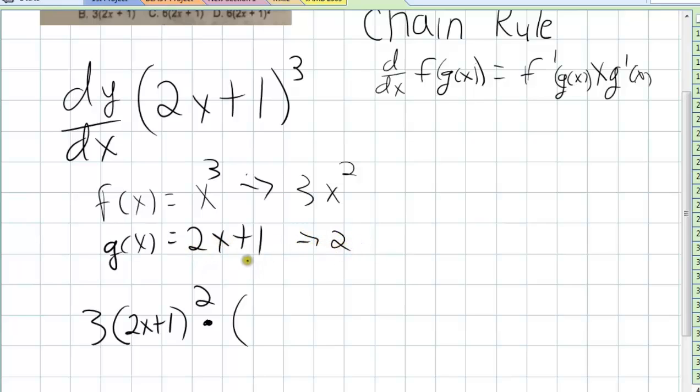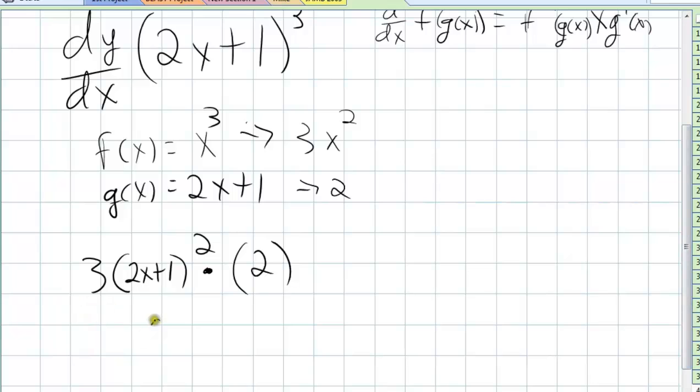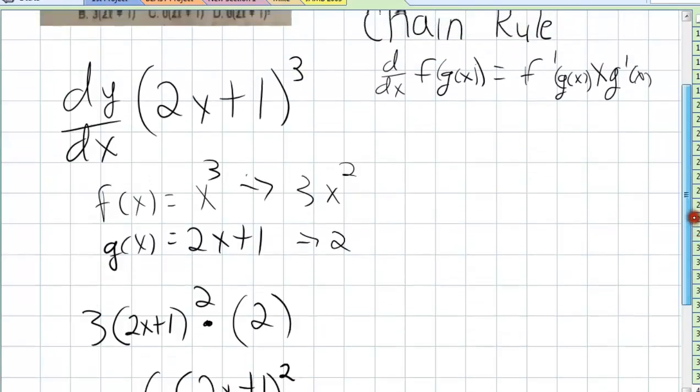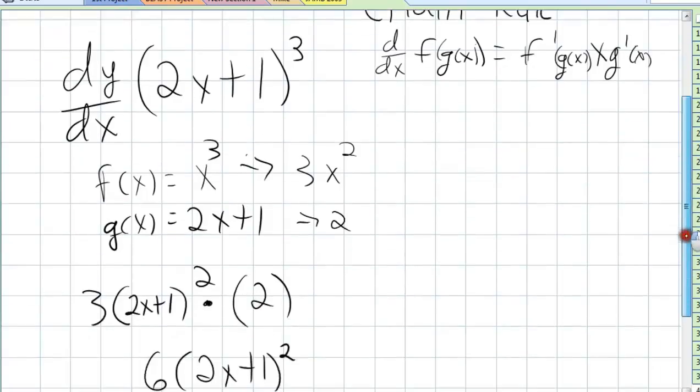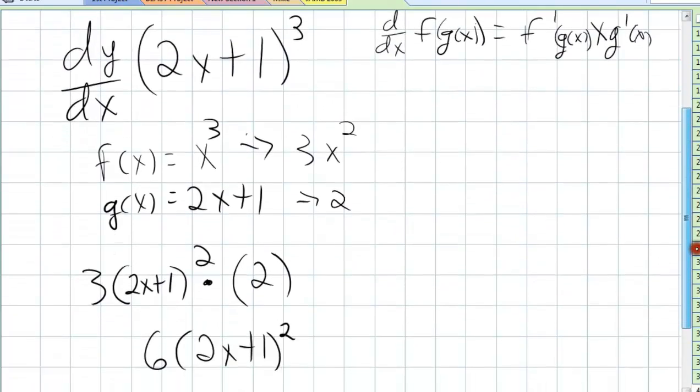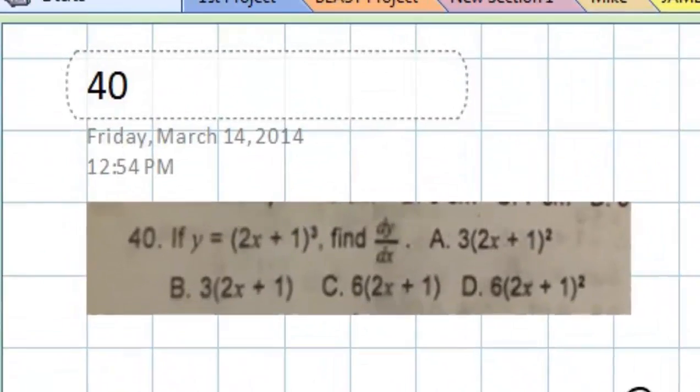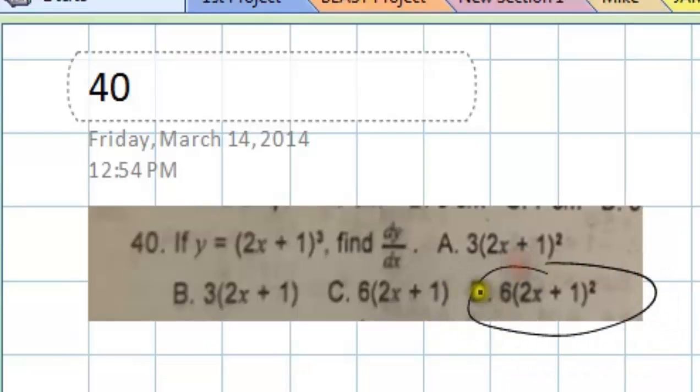That's the derivative of g of x, so I multiply by 2. Now I have 6 times 2x plus 1 squared. We can stop there because that's the form they have for their answer, so we don't have to expand anything.